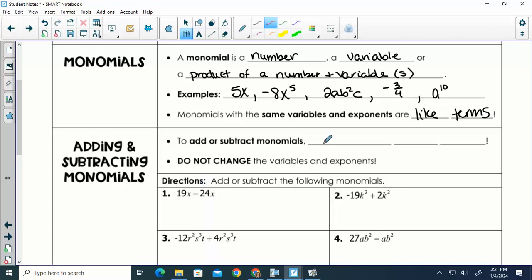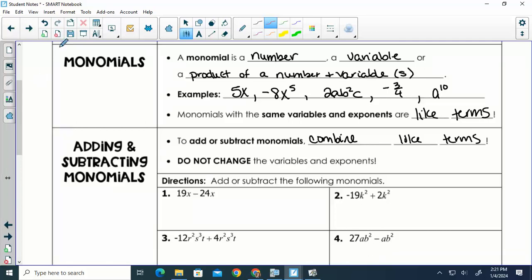And we can add or subtract monomials if we combine like terms. When you do that, you do not change the variables and exponents. It's just the number out in front.